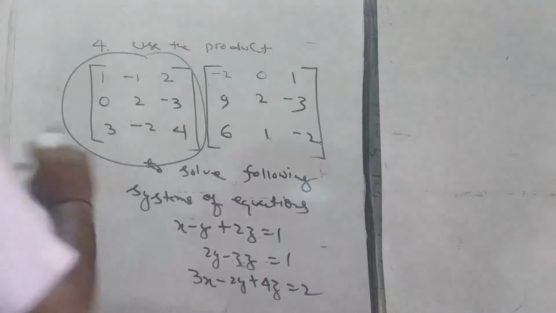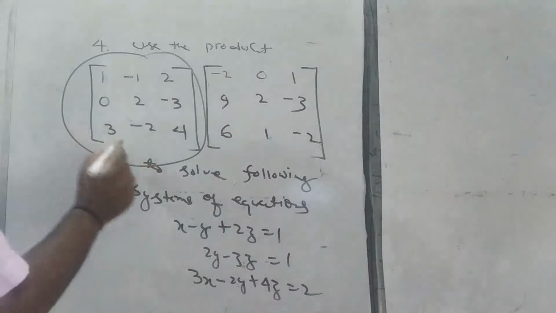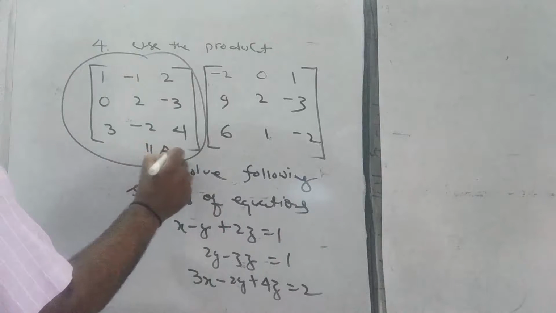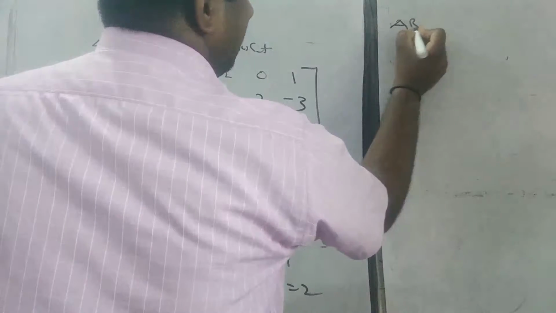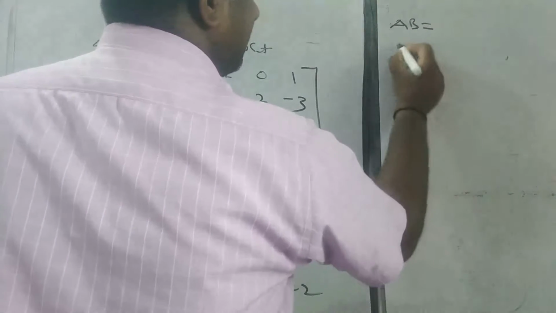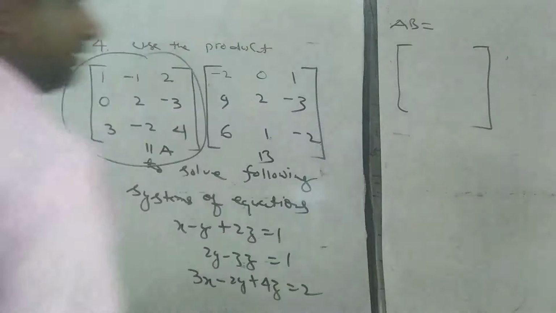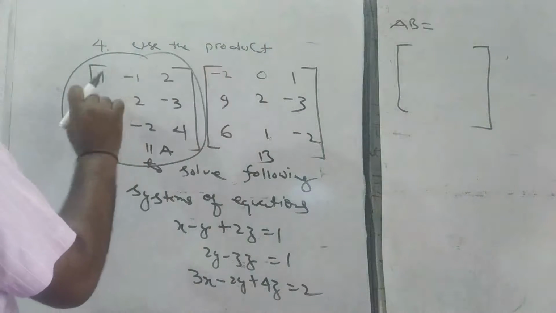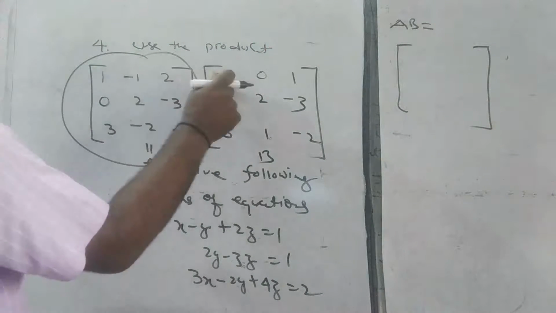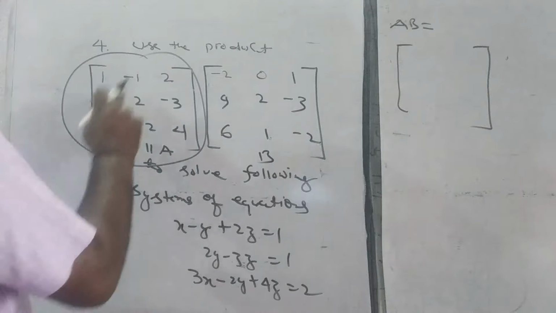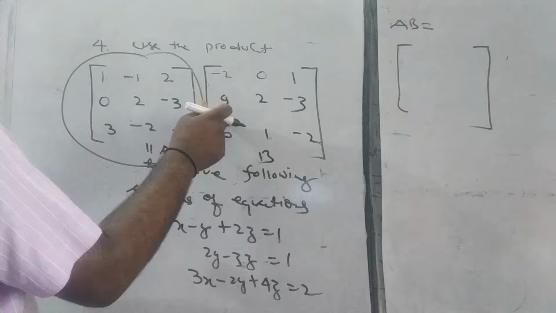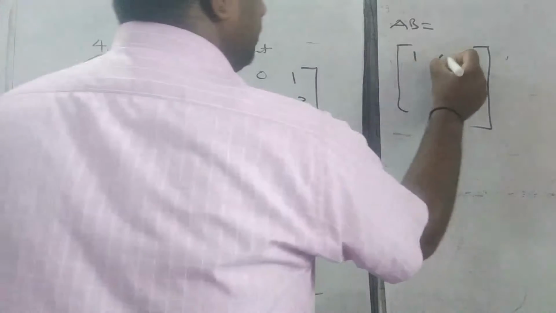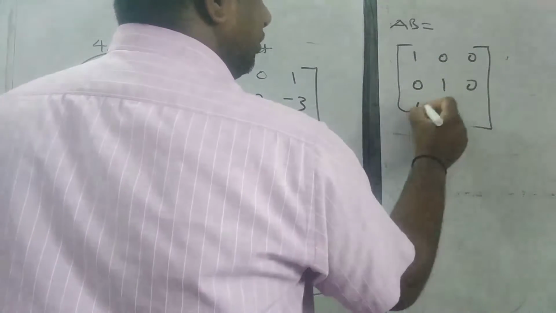Suppose this is A and this is B. If you find AB, then R1 C1 gives -2 - 9 + 11 which is 1, and the result is 1 0 0, 0 1 0, 0 0 1.